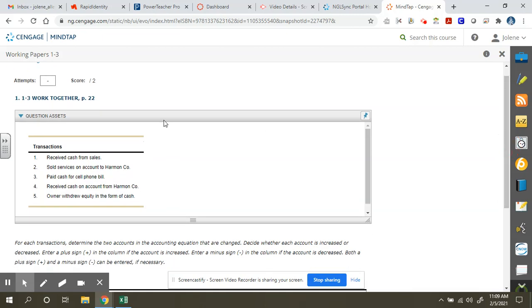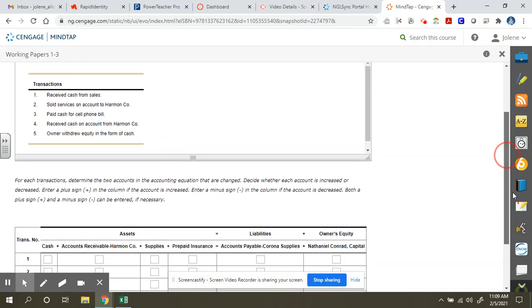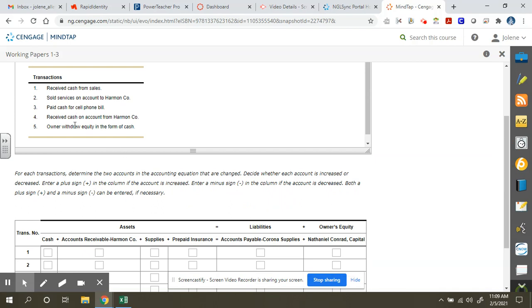All right, so 1-3, work together, page 22. I come down and it tells me my 5 transactions. In the book, it's also telling me how to do this, and section 1-3 shows you step by step. The instructions say, for each transaction, determine the 2 accounts in the accounting equation that are changed.